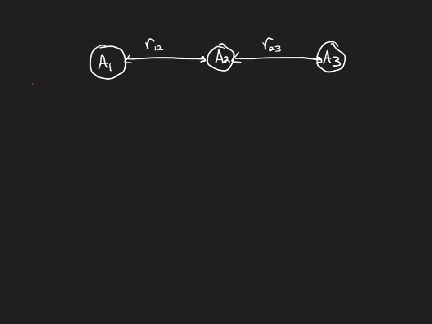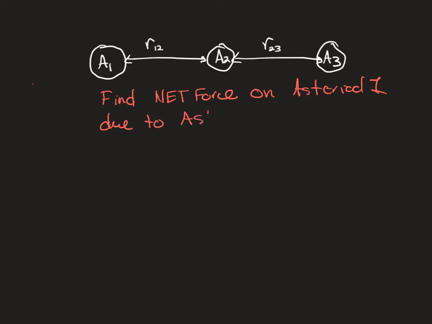Alright, so now we're going to talk about what happens if you have more than two objects in the system. That means we need to sum forces. So let's find the net force on asteroid 1 due to asteroid 2 and asteroid 3.